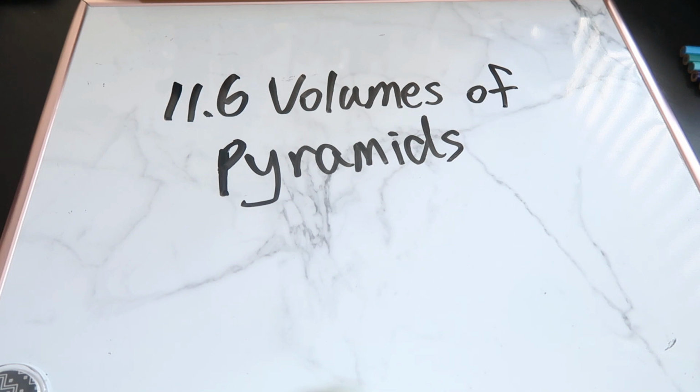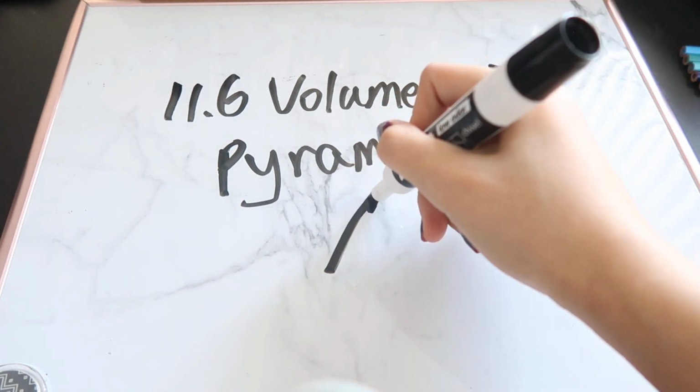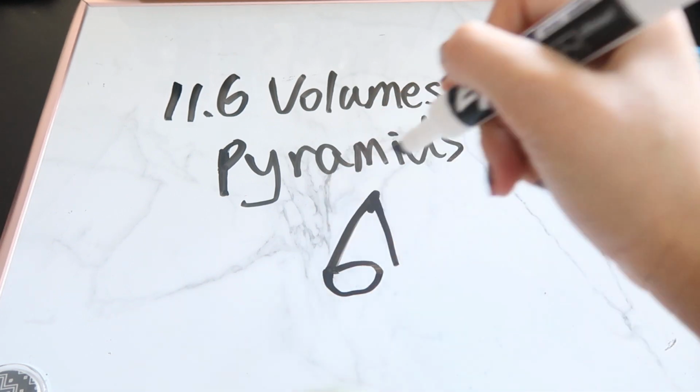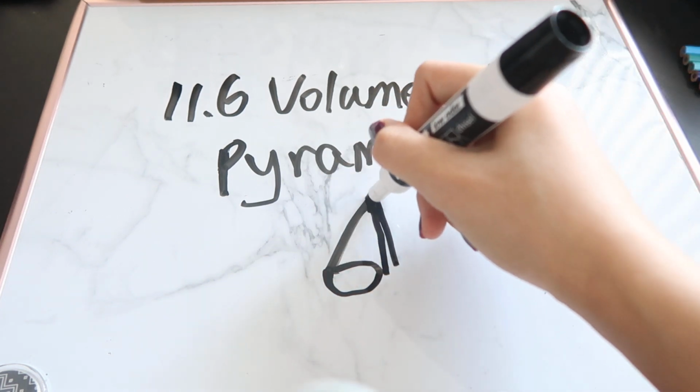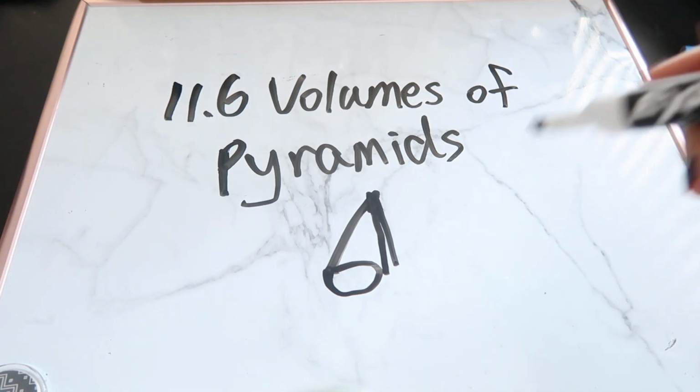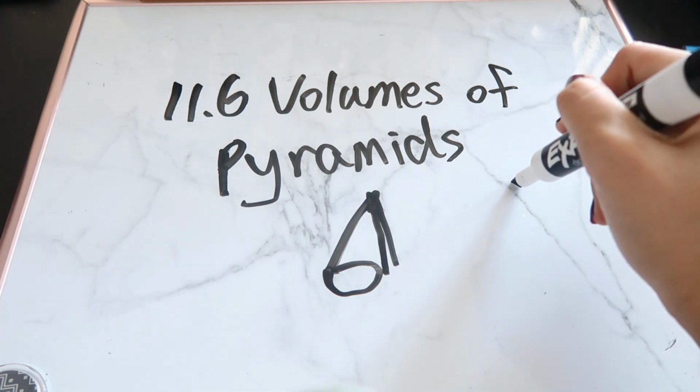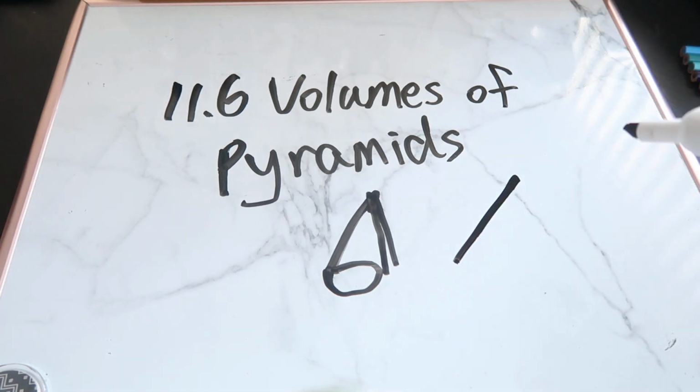So first of all, we need to understand what's the difference between a pyramid and a cone. For a cone, the bottom would be a circle. This is not a good drawing, but you understand this is a cone, versus for a pyramid, the bottom has to be a polygon.